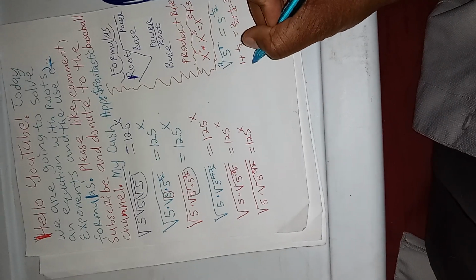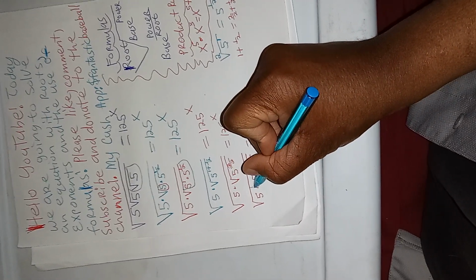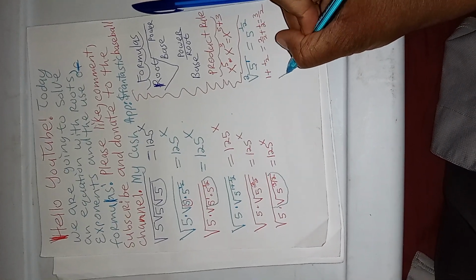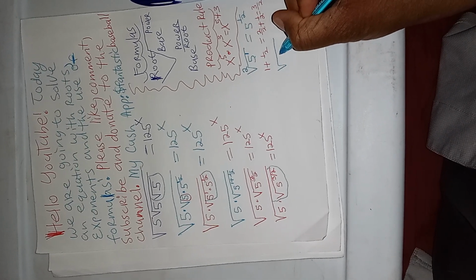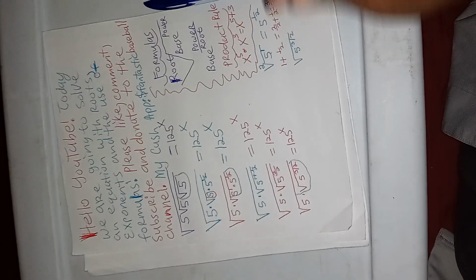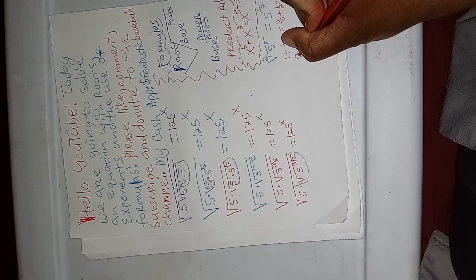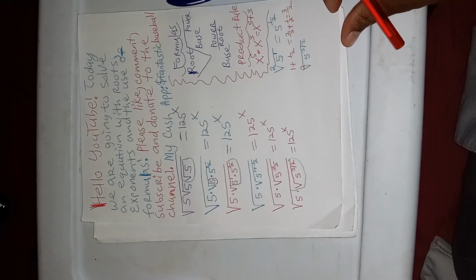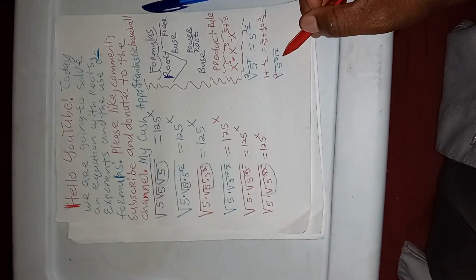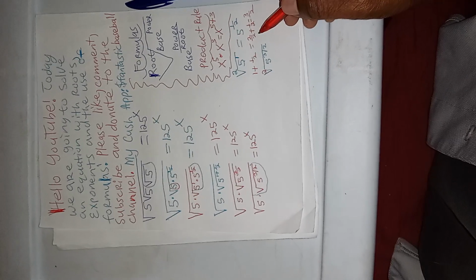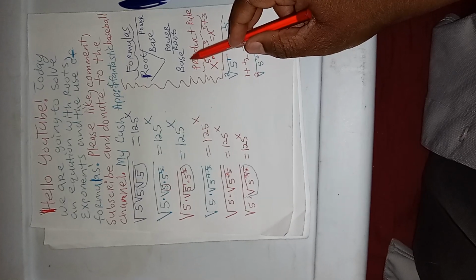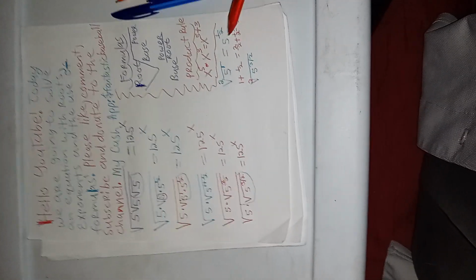So this can be rewritten as, let's circle it first, the square root of 5 to the power of 3/2, and that is going to be rewritten with the 2 in the root area of the square root. So the square root of 5 to the 3/2 power. And then this can be manipulated with the formula base to the power divides the root.